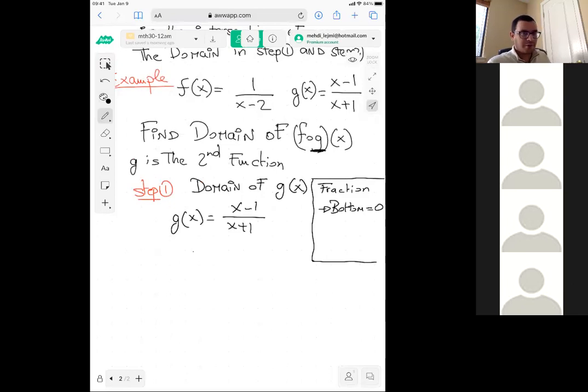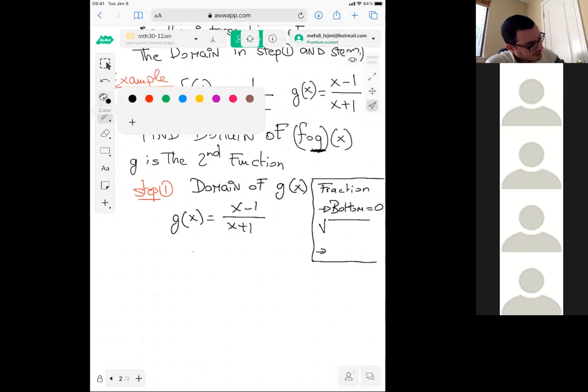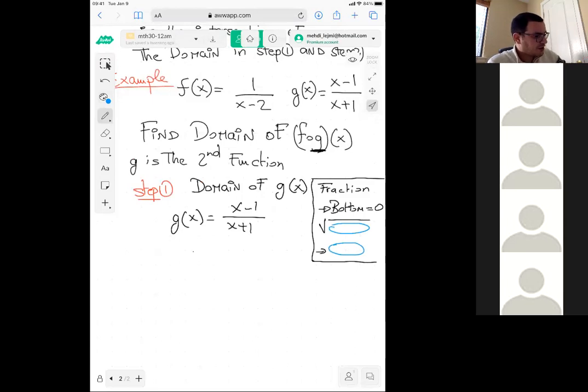So you have to solve the denominator equal to 0, and you have to exclude the values that you get from the domain. Now, if you have a square root, then you have to solve what's in the expression under the square root larger or equal to 0, right?